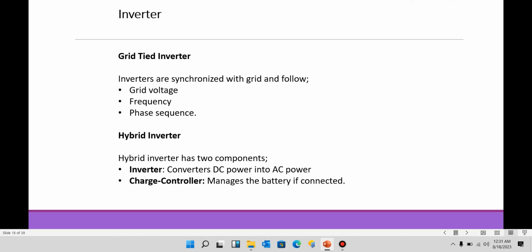Number two we have is the hybrid inverter. A hybrid inverter has two main components: the inverter itself, which converts the DC power into AC power, and the second part is the charge controller, which is used to manage the battery, charging the batteries from the solar system and discharging when we need.